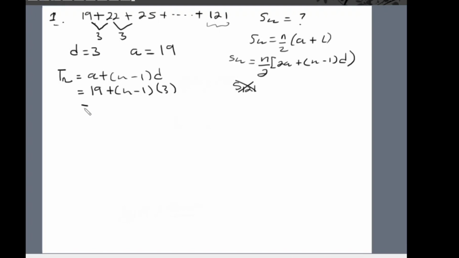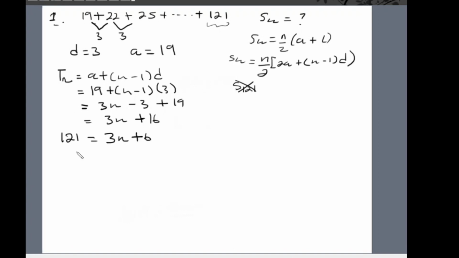So the formula for Tn is 3n minus 3 plus 19, so Tn is 3n plus 16, right? To find the last term, term 121, we substitute 121 and equate that to our formula for Tn.